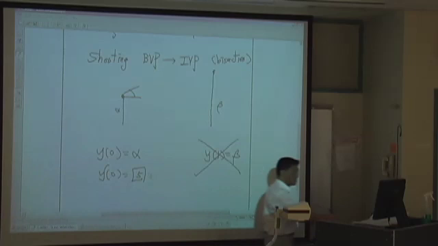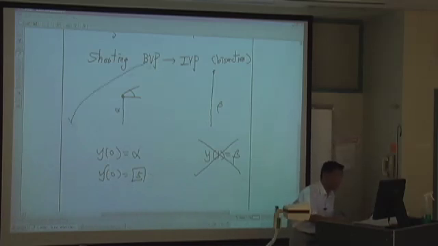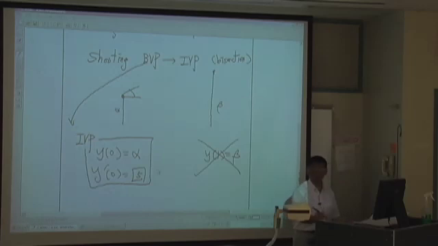After converting the boundary value problem to an initial value problem under the assumption that y prime is 5, we shoot, meaning we solve the differential equation, then we may get heights, right?